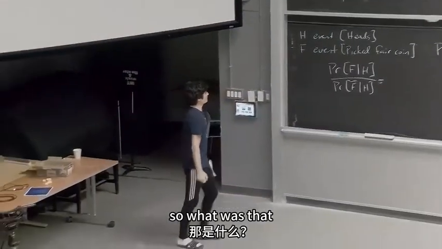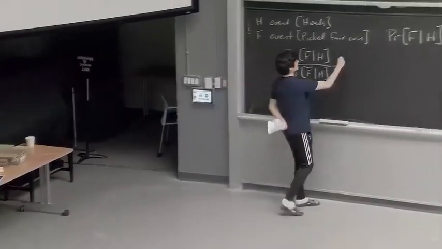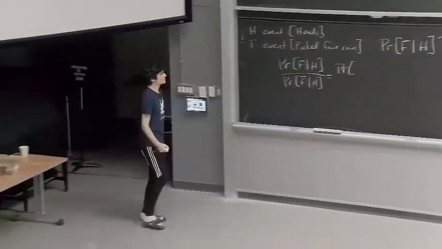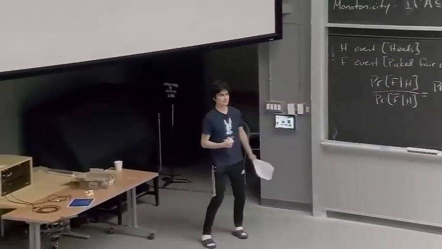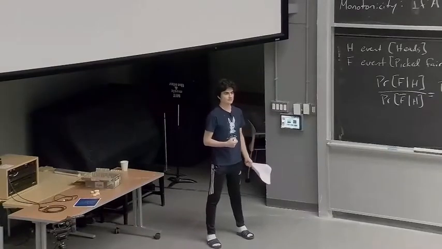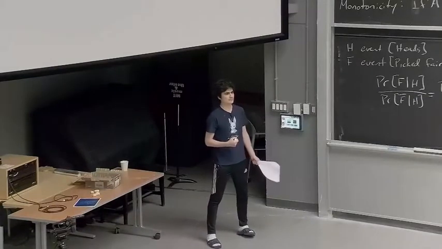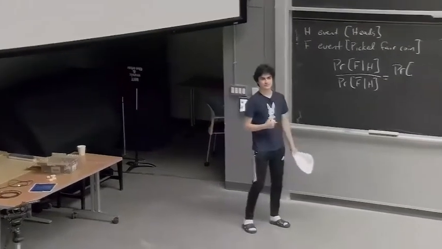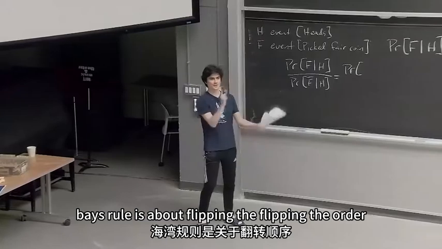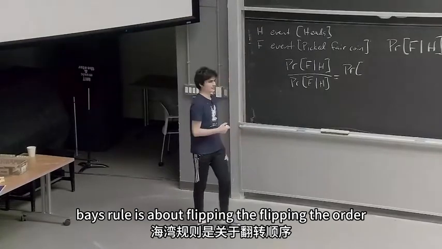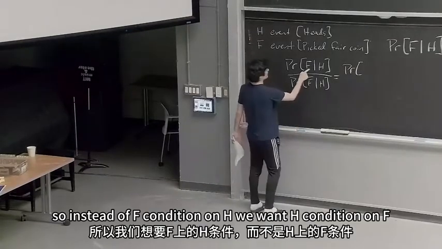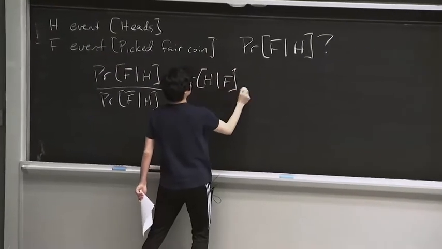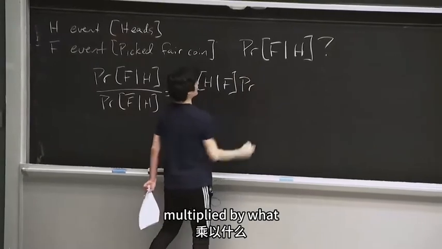Bayes' rule is about flipping the order. So instead of F conditioned on H, we want H conditioned on F, multiplied by what?